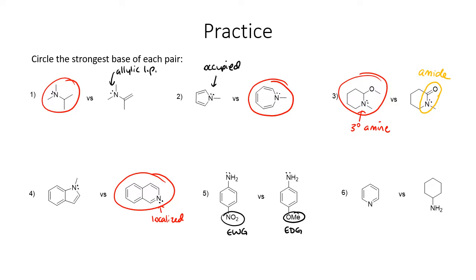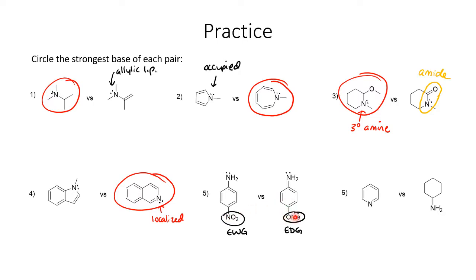So let's consider these lone pairs on our nitrogen, and we'll look at the first molecule. So we know that they can participate in resonance with the benzene ring. They can also participate in resonance with the nitro group, and the nitro group is going to withdraw those lone pairs towards itself.